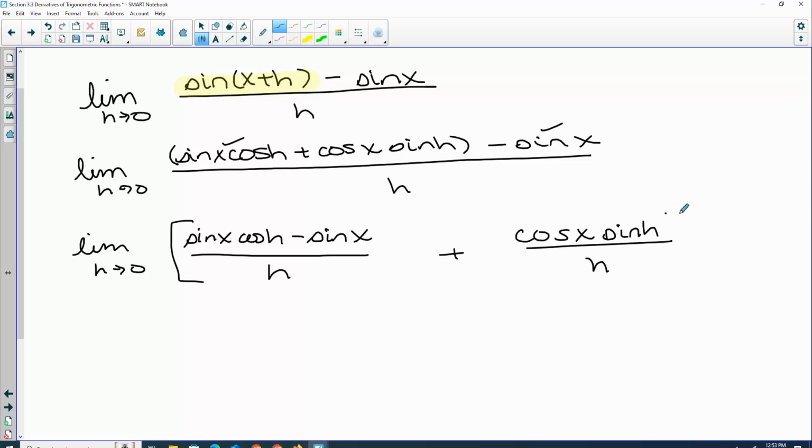So I've just pulled apart my fraction a little bit and reordered some terms. From here, we know we can do the limit of each one separately, right?